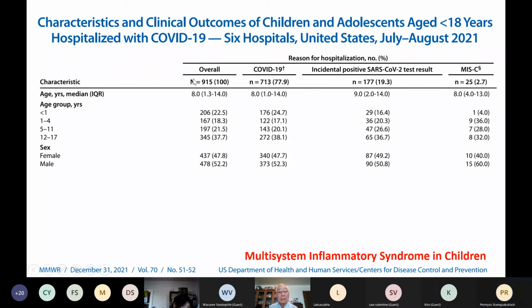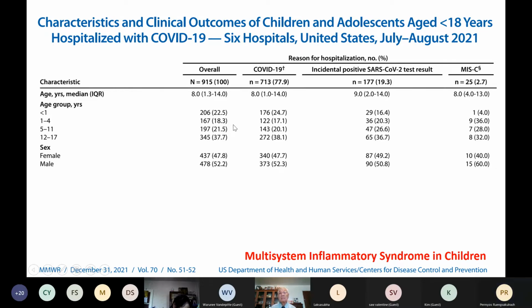So how about the children? Okay, the children under 18. Now we have the vaccination for kids over 5 years old, but those younger than 5 still have some problems.